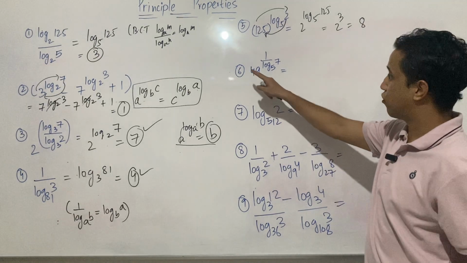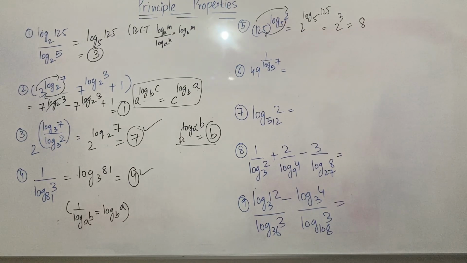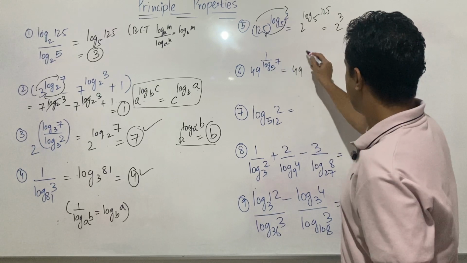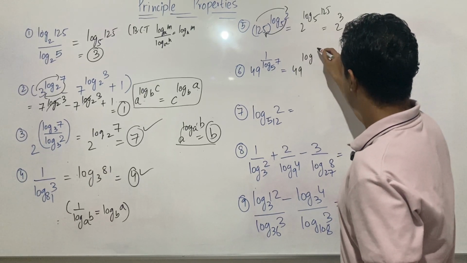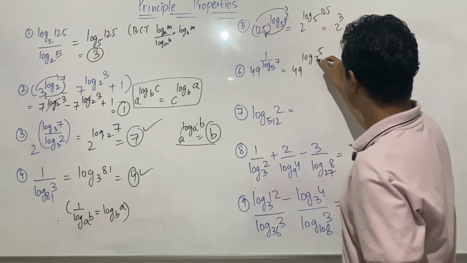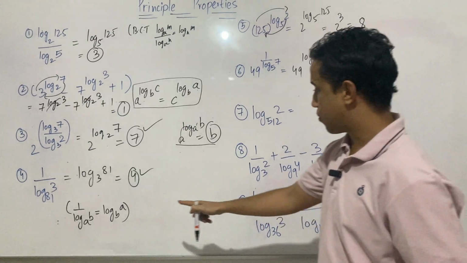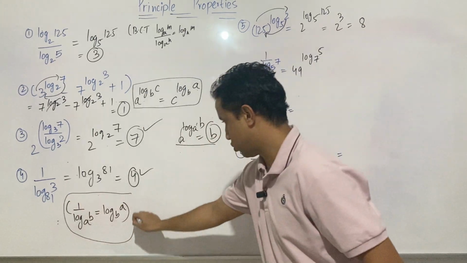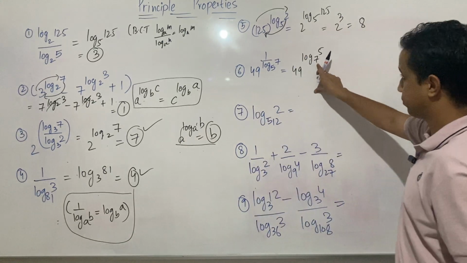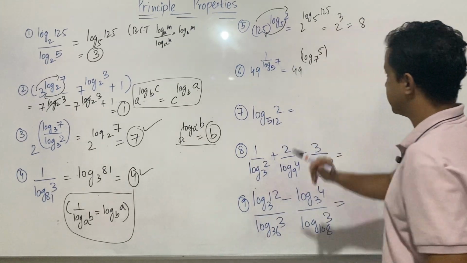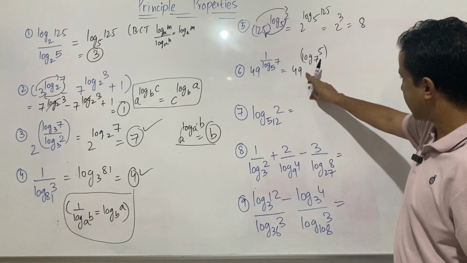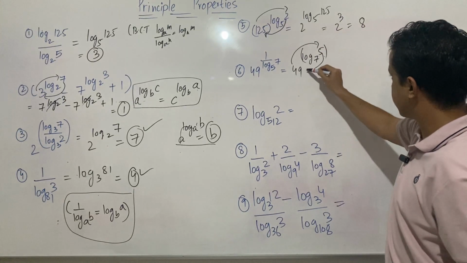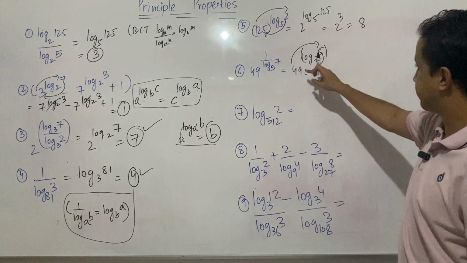Then next, 49 raised to the exponent 1 by log 7 base 5. This can be written as log 5 base 7. Why? Using this property, 1 by log b to the base a equals log a to the base b. So this thing is simplified as here. Now, see here, things will get sorted if 49 goes here and 5 comes here, right?